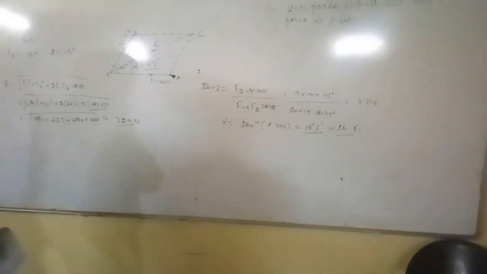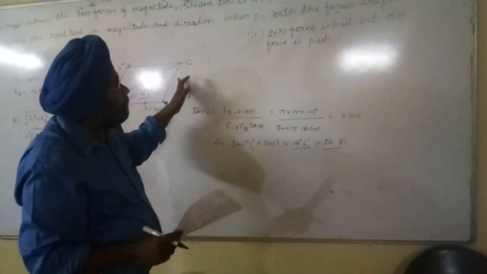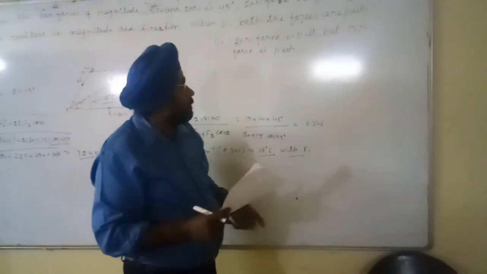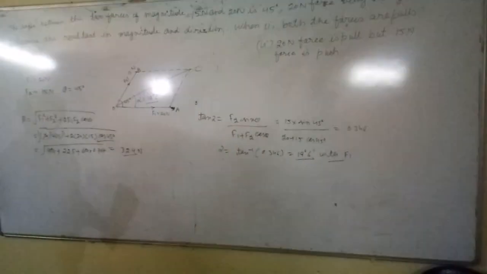So that was the first part of the problem, when both the forces were pulls. Now the second part, when the 20 Newton force is pull and the 15 Newton force is push.